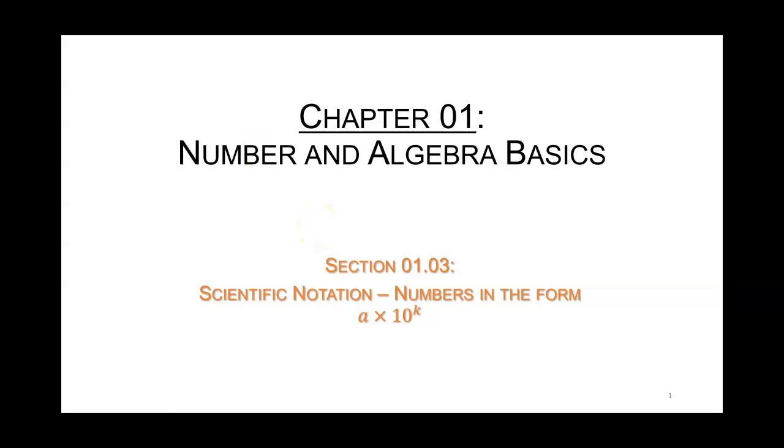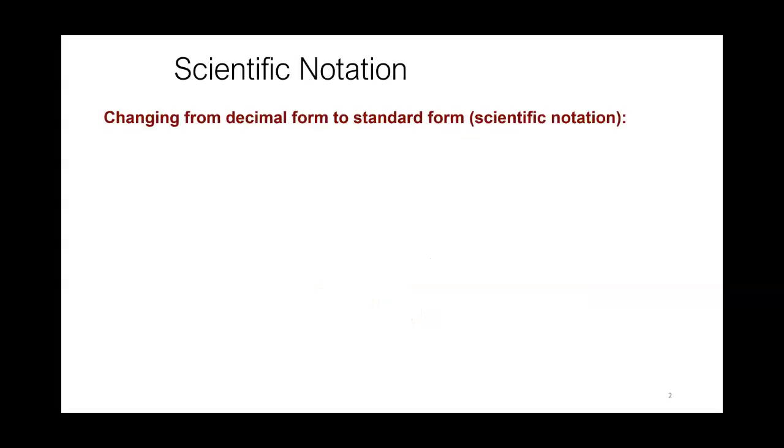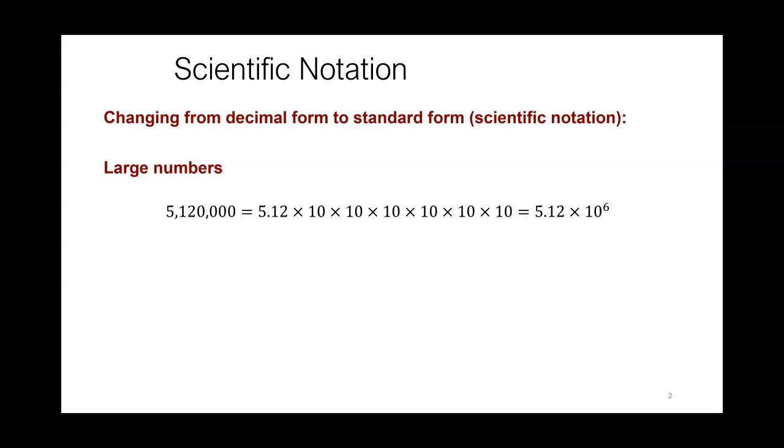So in section 3, we're going to be looking at scientific notation, i.e. numbers in the form of like a times 10 to the k. So the idea is that this number a needs to be between 1 and 10.